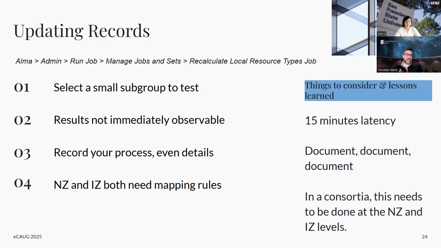If you're changing data that's already in the record and you're changing the way it displays, that is immediately visible. But when you're adding or taking away metadata, it needs time to index that data. So that's the first thing we learned.